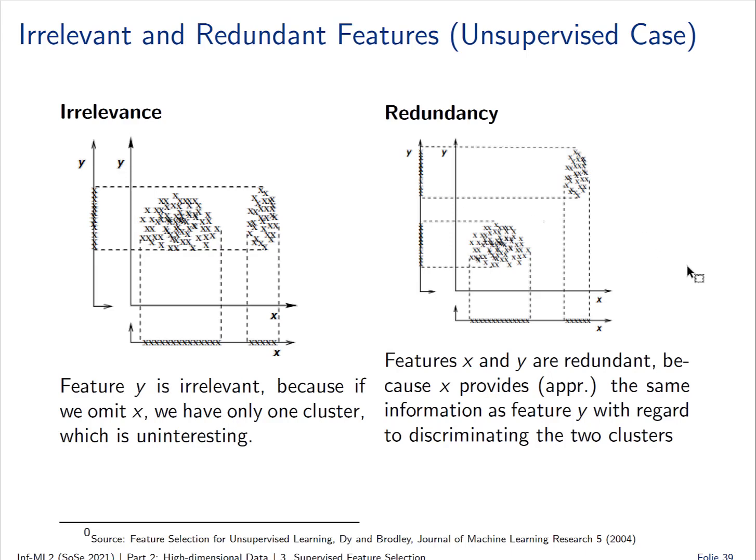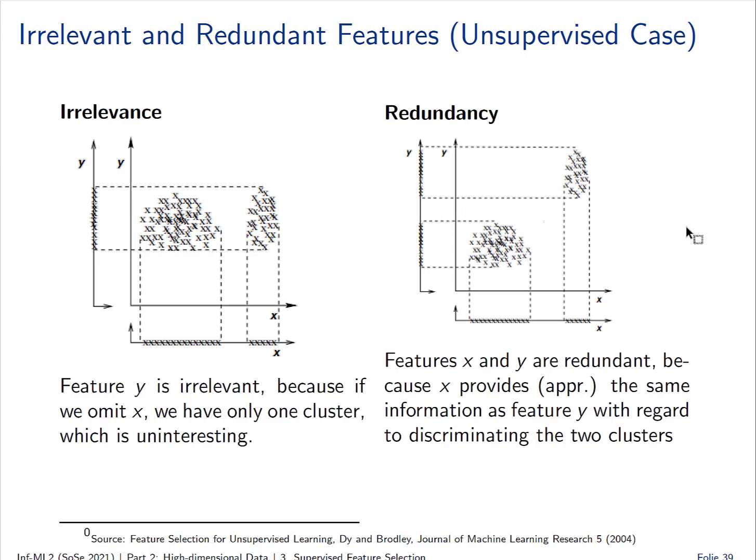So in that case, they are redundant, because they have more or less the same information with respect to the pattern that we look for. So in that case, we could omit one of those two. Here, we would omit y, of course. Here, we could choose between y and x and just keep one of those two.